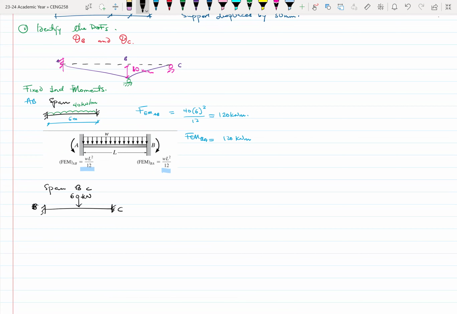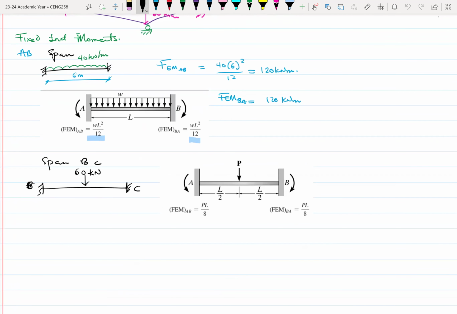You will see that our fixed end moment looks just like the one on the right.